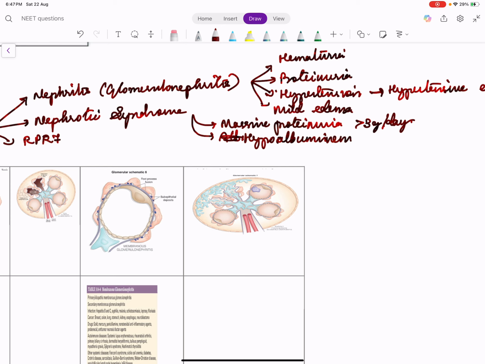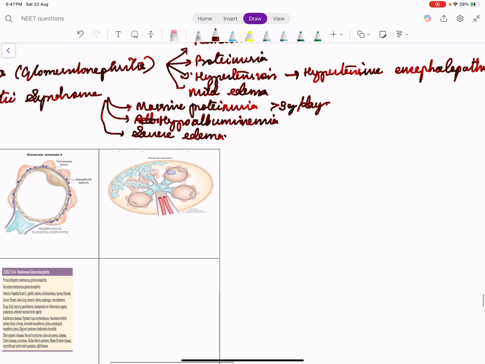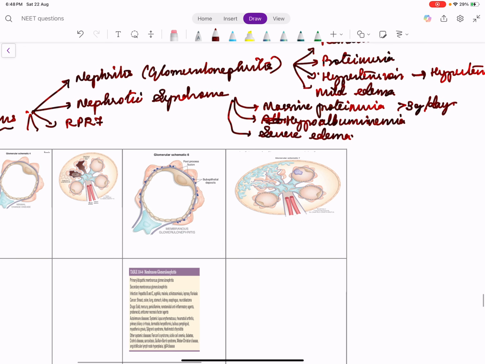Low albumin is one cause of edema. So there will be severe edema. Edema is mild in glomerulonephritis, but it is very severe in nephrotic syndrome. Plus some other features occur. At least remember these things. So massive proteinuria, hypoalbuminemia, severe edema, but no hypertension. BP will be normal in nephrotic syndrome.